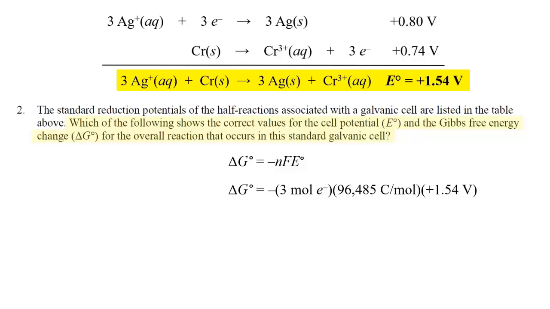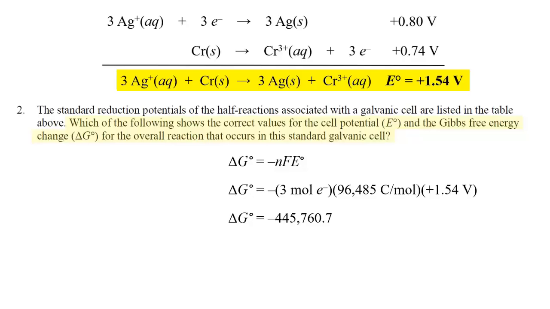So when I do this math, negative 3 times 96,485 times positive 1.54, I get negative 445,760.7. I'm going to round this off to 3 significant figures based on the cell potential of 1.54.